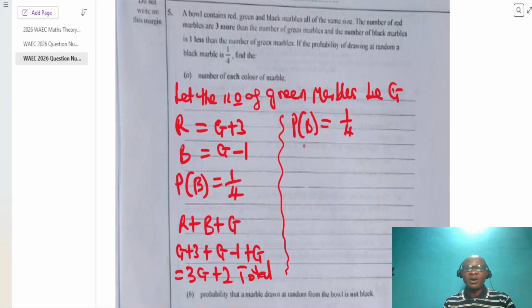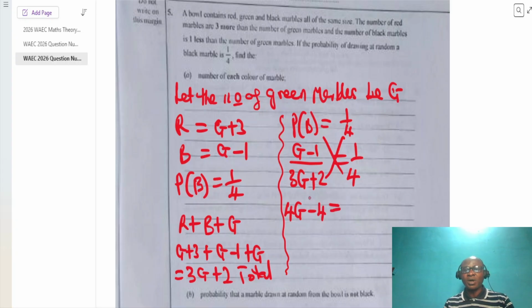The number of blacks is G minus 1, while the total number of marbles in the bowl is 3G plus 2, and this is given as 1 over 4. I can simply do a cross multiplication. 4 multiplied by G gives 4G, and 4 multiplied by negative 1 gives minus 4, equal to 1 multiplied by 3G plus 2, which gives 3G plus 2.